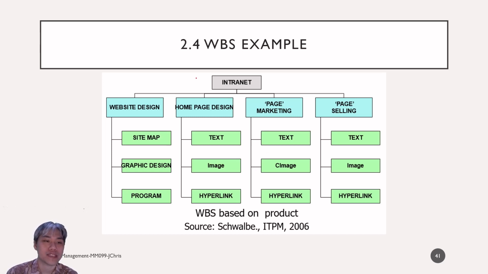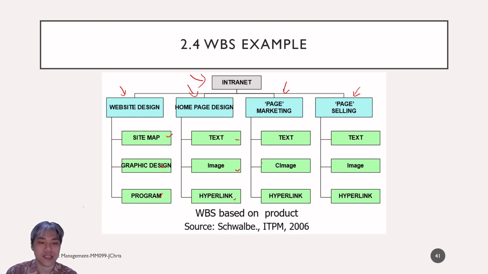They want to create software that can connect in the intranet. Part of it is the website design, the homepage design, the marketing page, and the selling page. The website design has sitemaps, graphic design, and programming. The homepage design has text, images, hyperlinks, and so on.